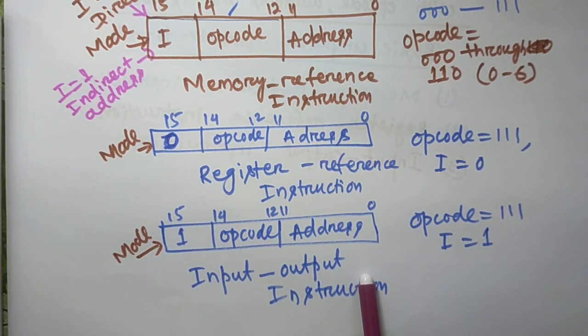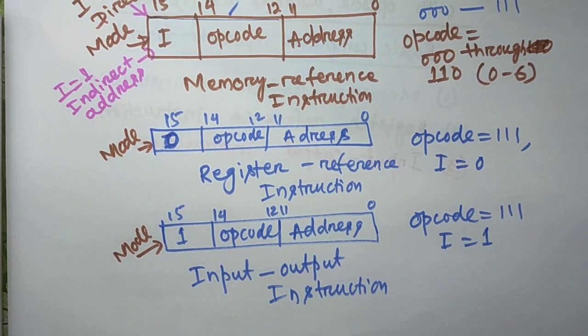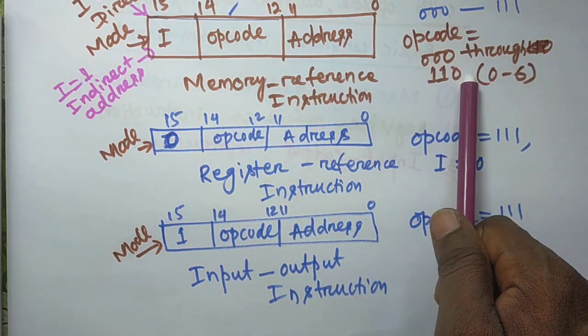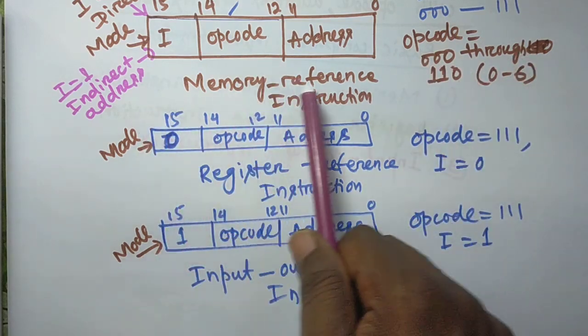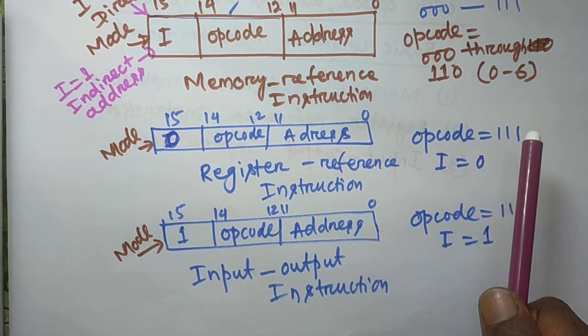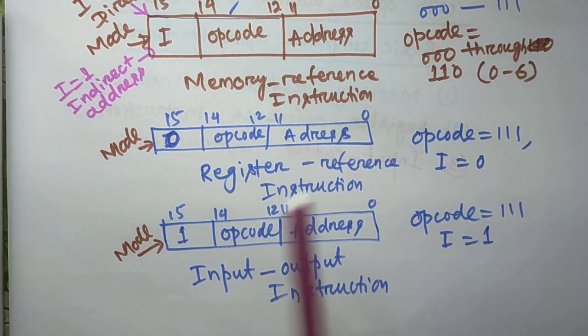It absolutely depends on both opcode and I, particularly the opcode. If the opcode is defined 000 to 110, then definitely it is a memory reference instruction. If the opcode is 111, it again depends on I. If I is equal to 0, then it is a register reference instruction.